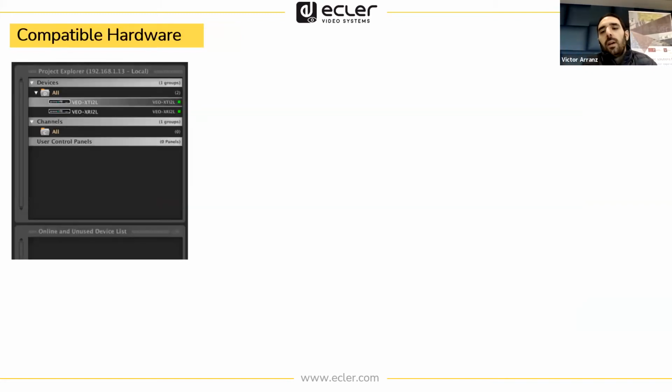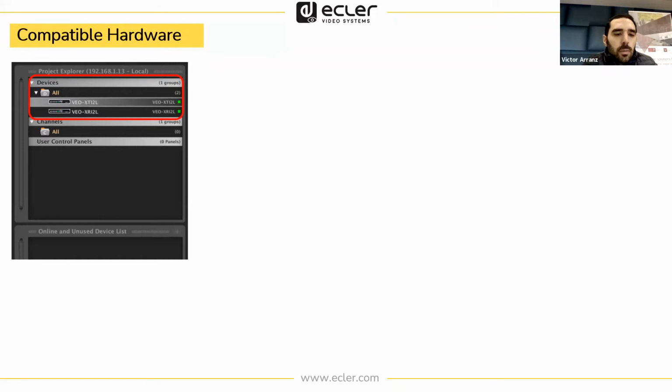Once we have the devices assigned to the project, the green indicator will tell us that this is done correctly, and we can begin our configuration if we need to. In the devices tab, we can double click on each of the devices.